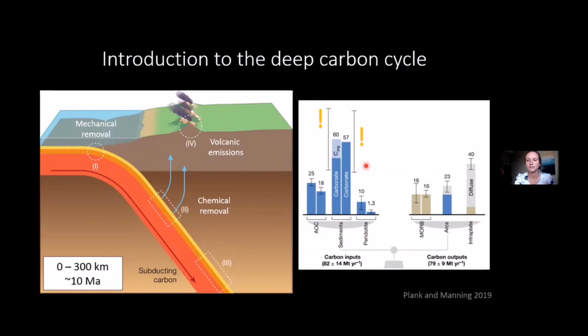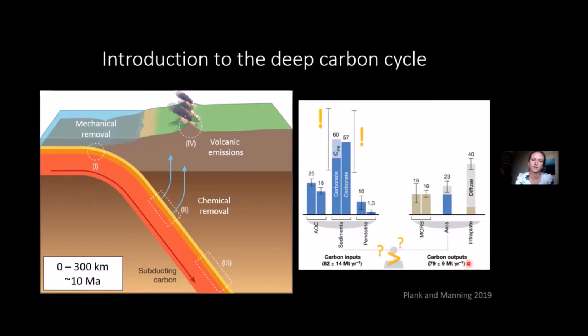This uncertainty has led to differing opinions on whether or not the carbon cycle is currently balanced. In particular, a number of people have suggested that perhaps we are placing more carbon into the mantle than is being exhaled by our various volcanoes.